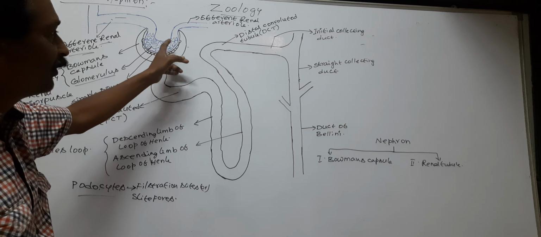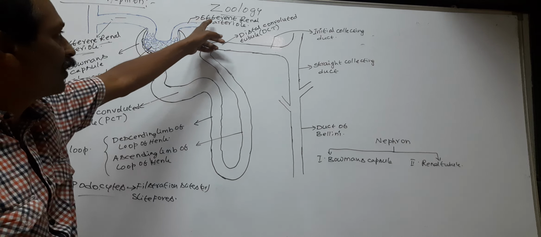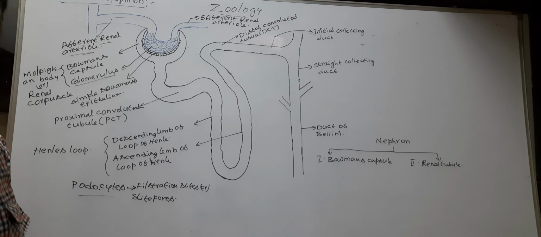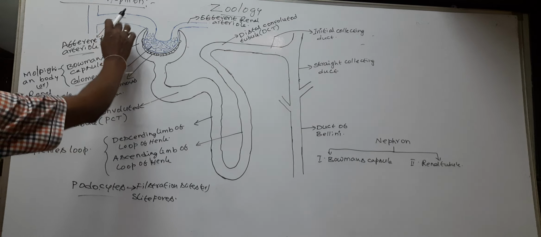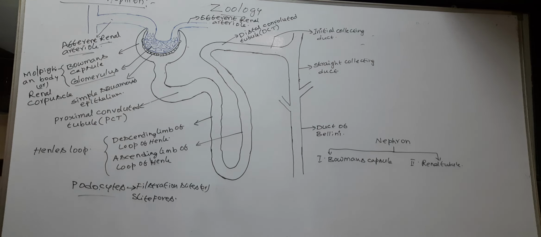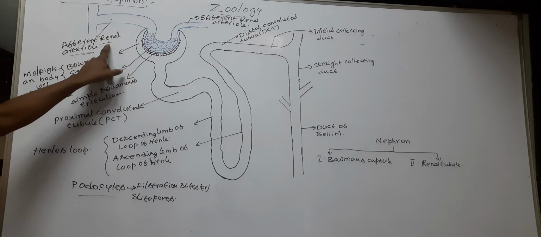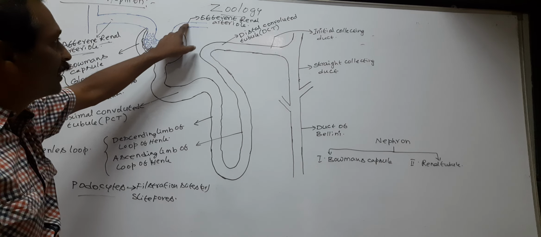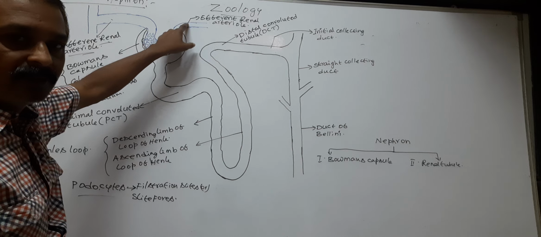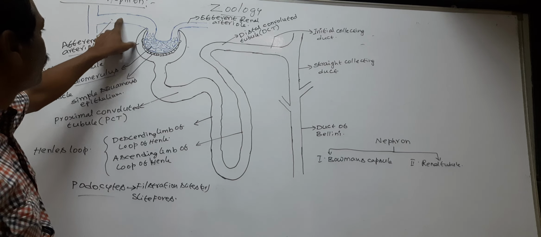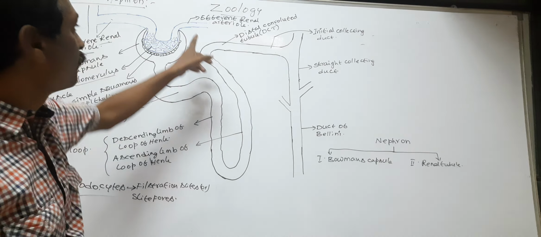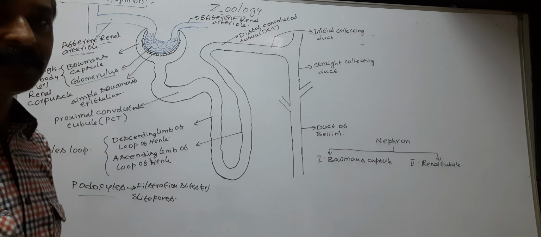Here, the diameter of the afferent renal arteriole is larger than efferent renal arteriole.